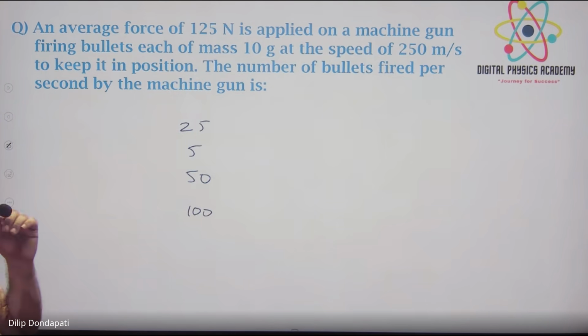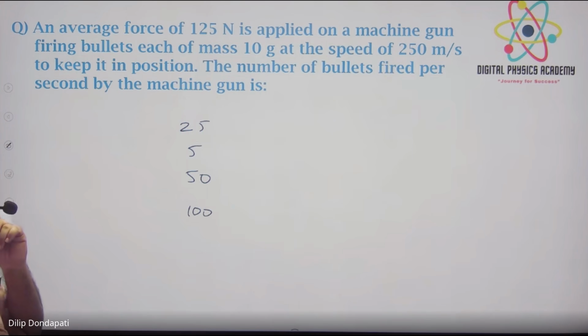So do we convert that into kgs? He's asking the number of bullets. N value is asked, N number of bullets per second. So do we convert gram to kgs? Yeah, compulsory.